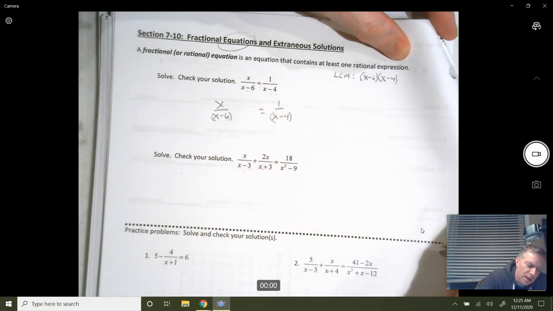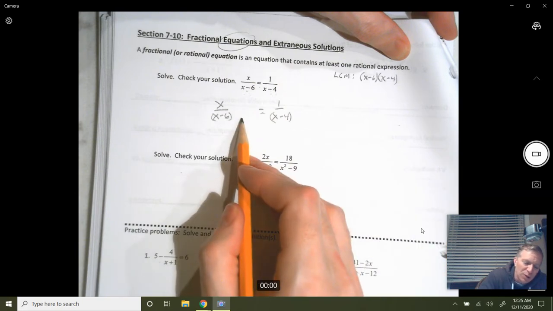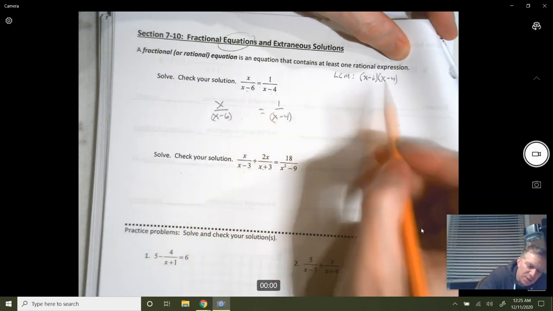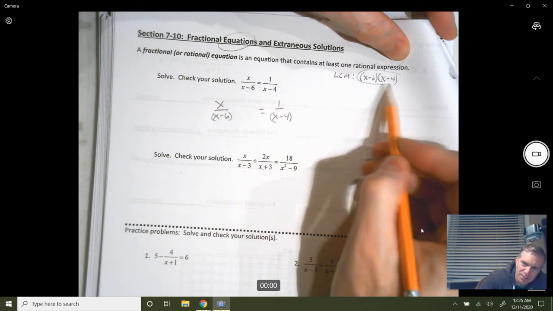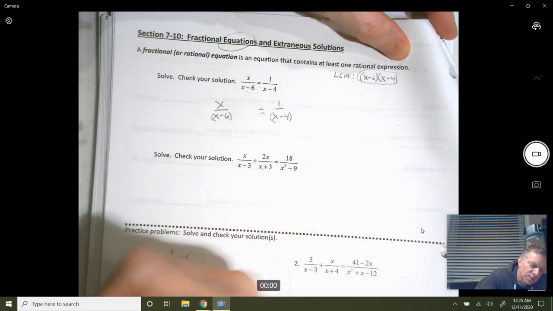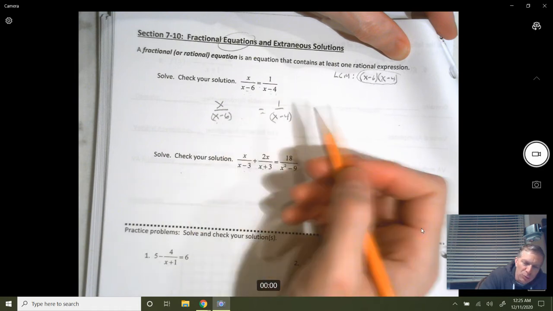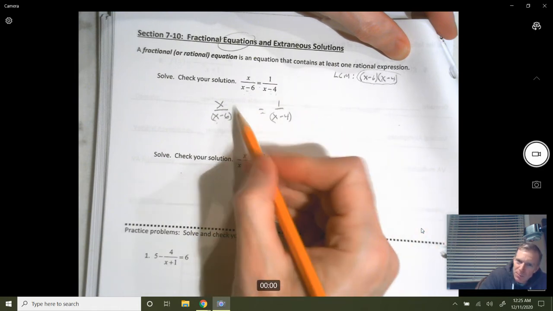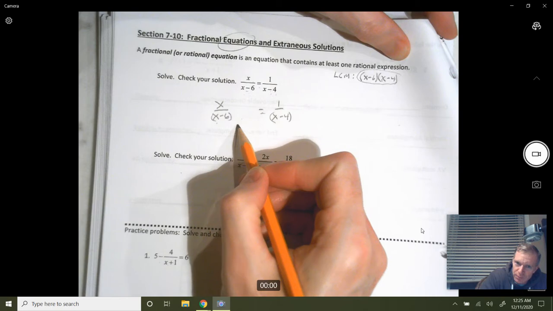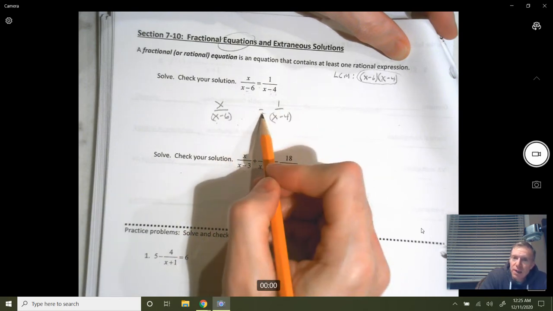I left room here because we're going to take both sides of the equation and multiply by this thing. So on the left side of the equation, when you multiply by something, it really goes to the numerator. We're not multiplying top and bottom. We have an equation, so we have a new tactic that we can do.